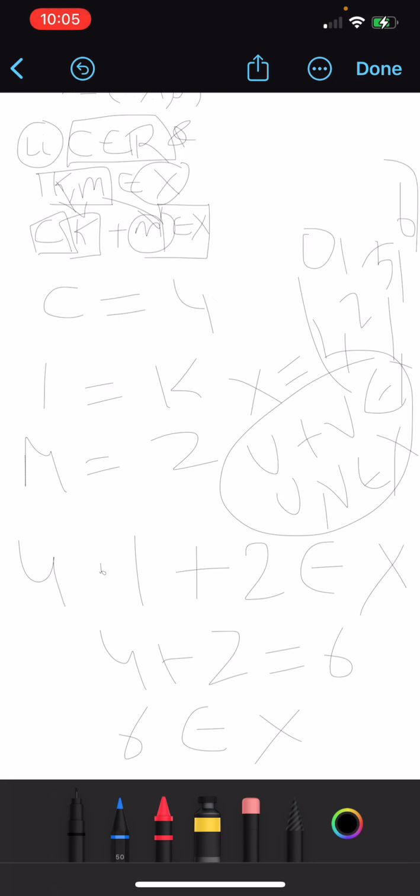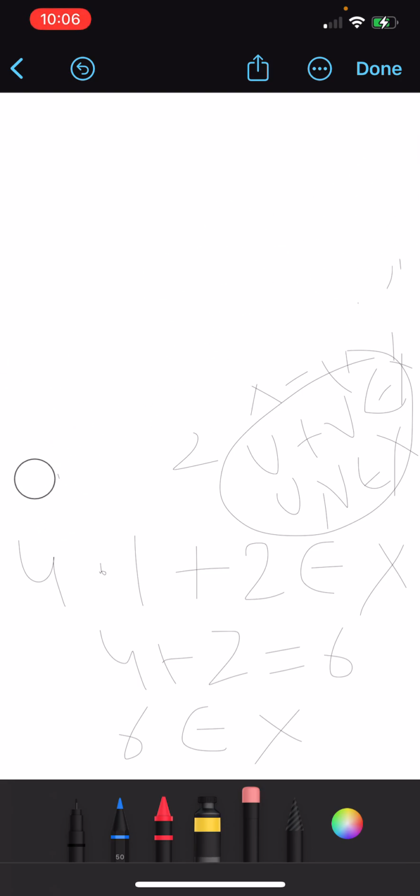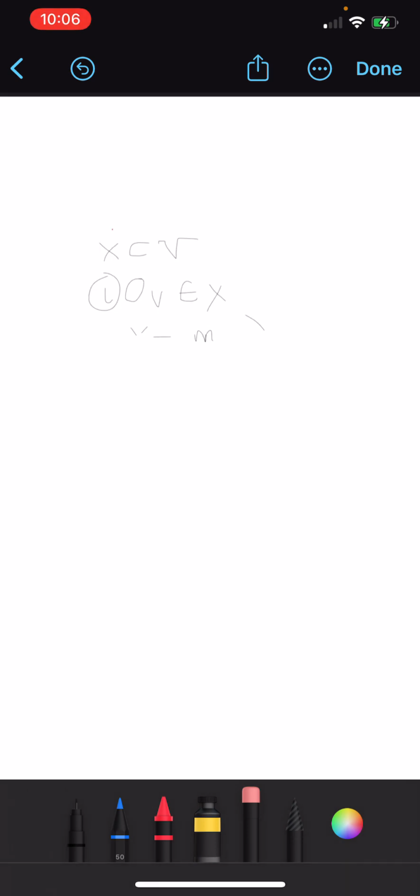These 5 conditions will help you prove or disprove that a specific subset is a subspace or not.